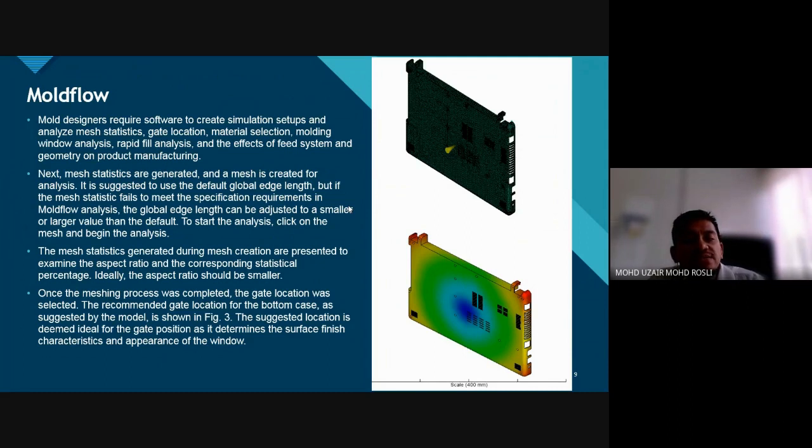As we can see here, the recommended gate location for the bottom case is suggested in Figure 3. You can see the yellow arrow here. The suggested location is deemed ideal for the gate position as it determines the surface finish, characteristic, and appearance of the window.